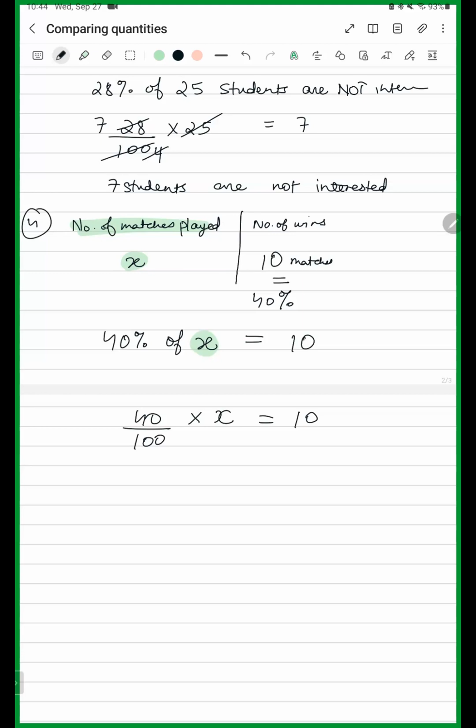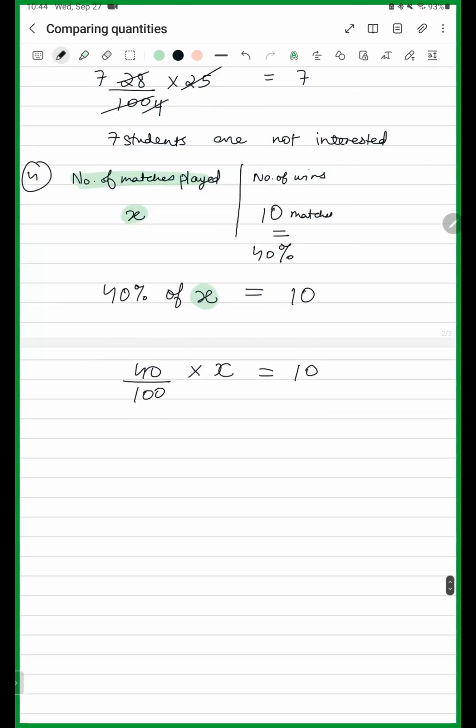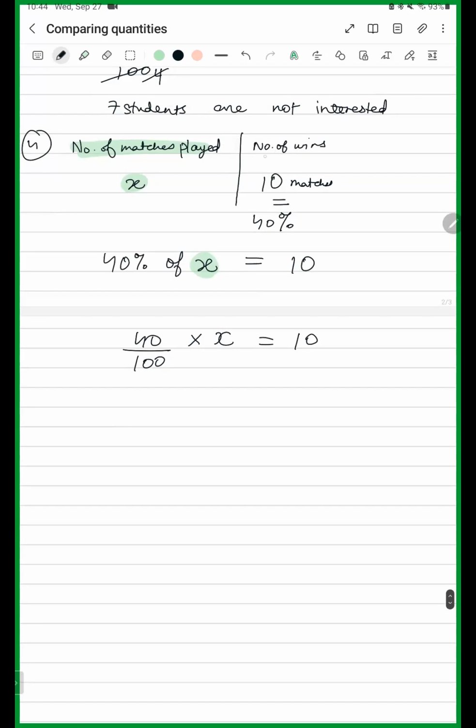Can you explain how 10 is equal to 40 percentage? They are saying the number of wins in one sentence. The first sentence says the number of matches they won is 10.